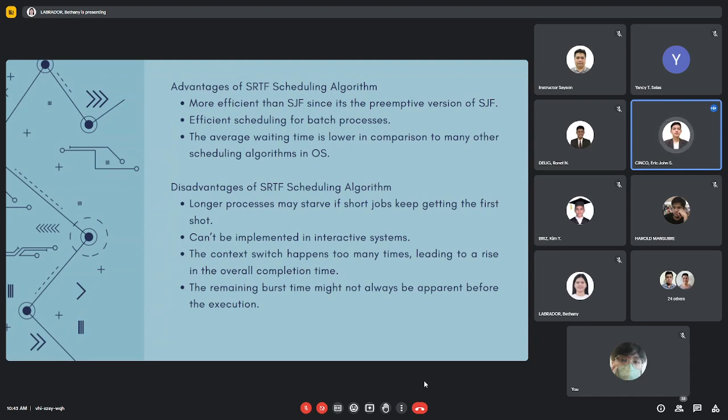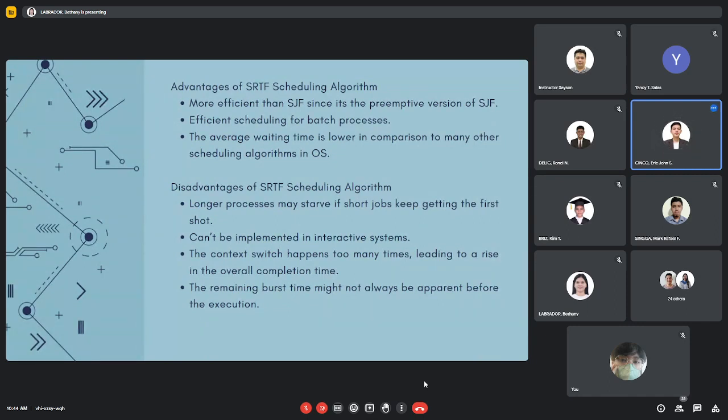And next, the average waiting time is lower in comparison to many other scheduling algorithms in operating systems. This is because SRTF always selects the process with the shortest remaining burst time, so it can ensure that processes spend less time waiting in the ready queue.